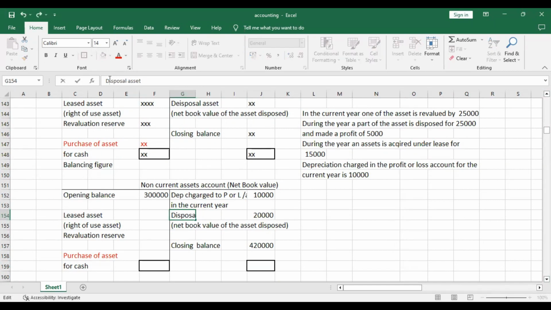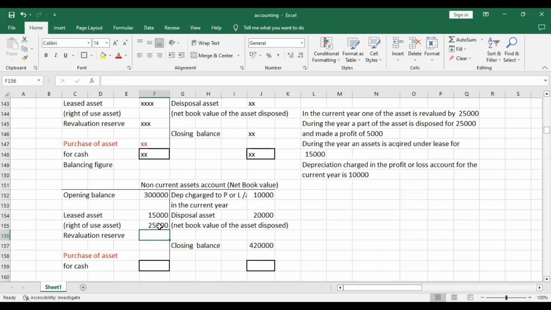Okay, then any leased asset obtained in the current year? They said very clearly, during the year acquired a leased asset for 15,000. So take that one also. Then during the year, an asset revalued. That is also given to you. The current year asset is revalued by 25,000. That also you take here.